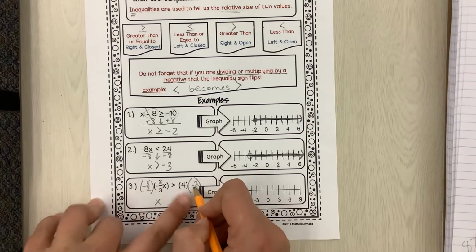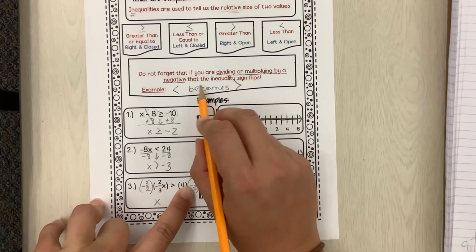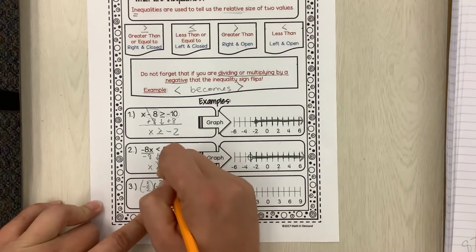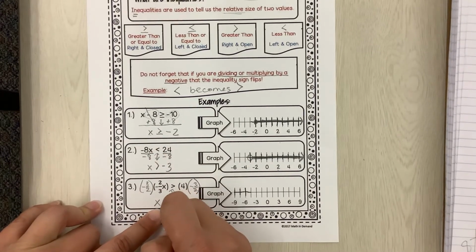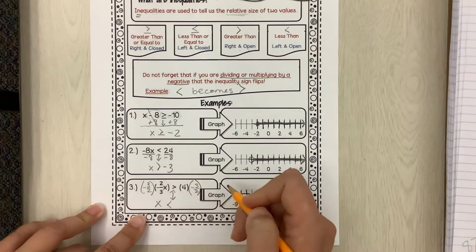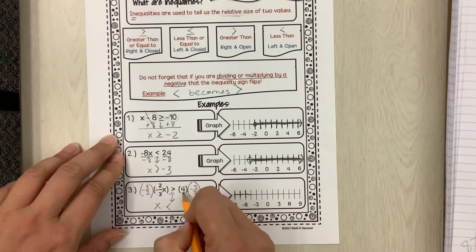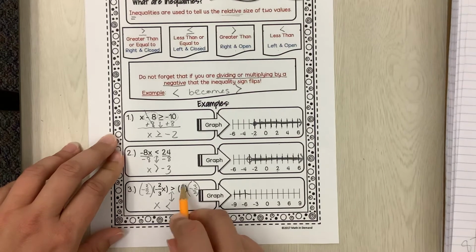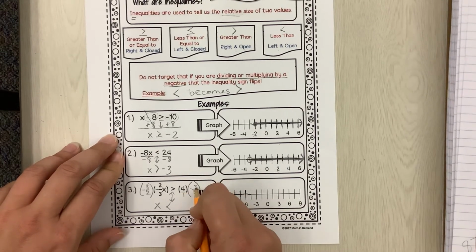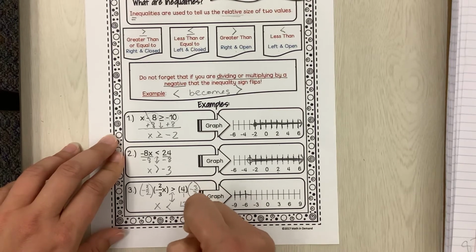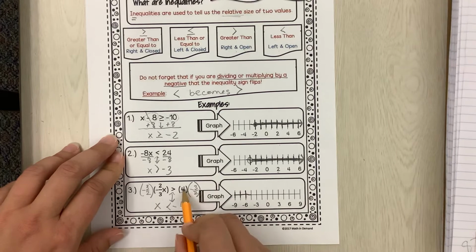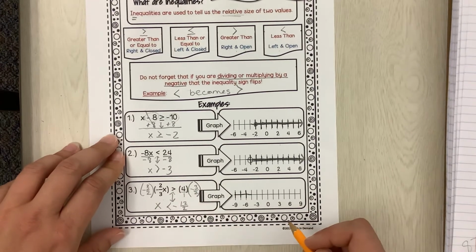Now, I'm multiplying by a negative, so I have to flip my symbol. So this is gonna be flipped, and instead of being greater than, it's gonna go to less than. And then 4, remember every number has that invisible 1 to make it a fraction. 4 times a -3, 4 times 3 is 12. 1 times 2 is 2, and it's negative because 1 negative times a positive.